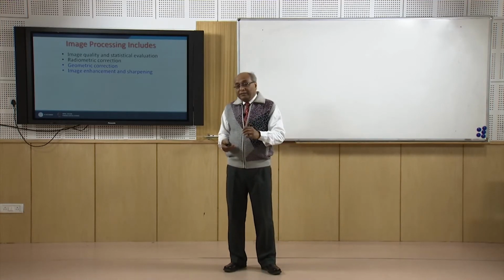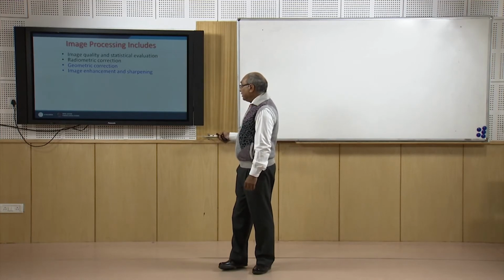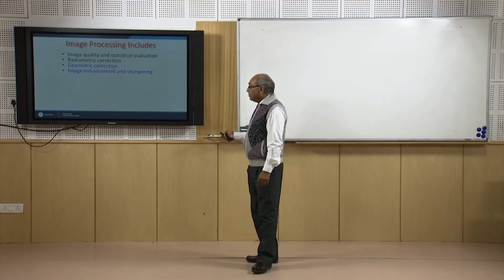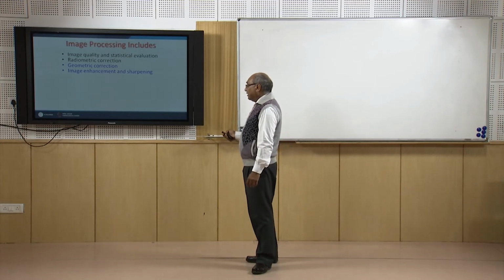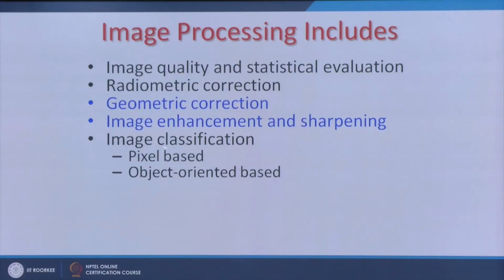Keeping that in mind, the image quality enhancement and sharpening is done through spatial filtering, which we will discuss in the next lecture. And then finally you reach the stage where you can go for feature extraction, that is image classification, maybe pixel based, maybe object oriented based.